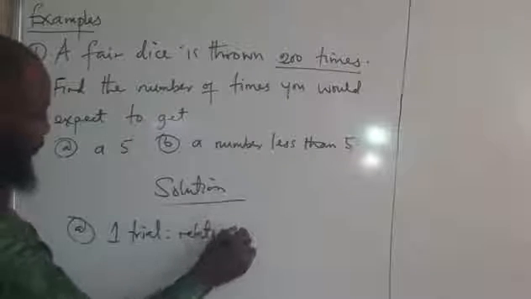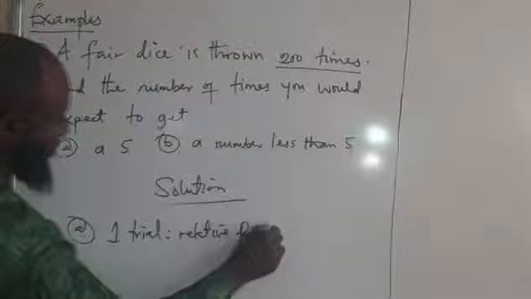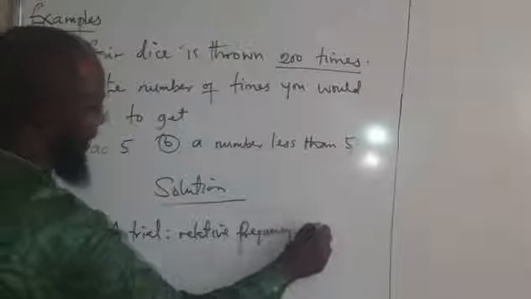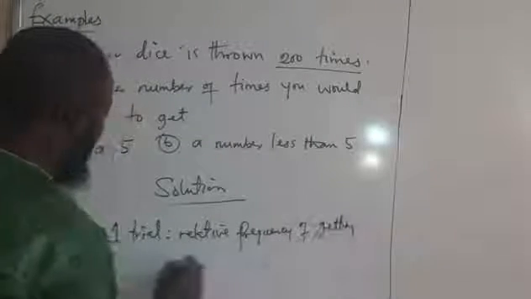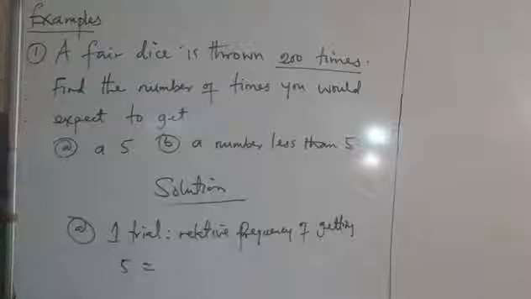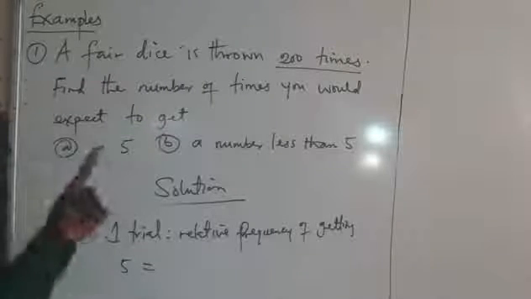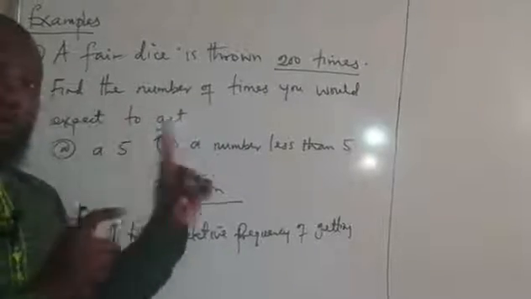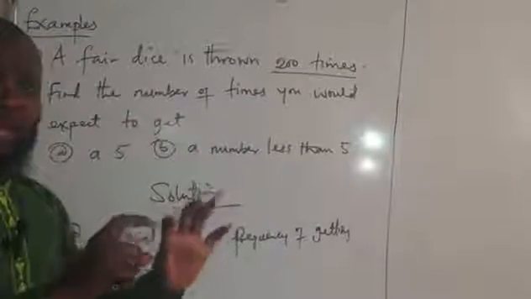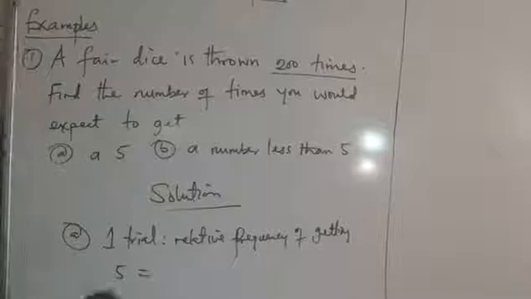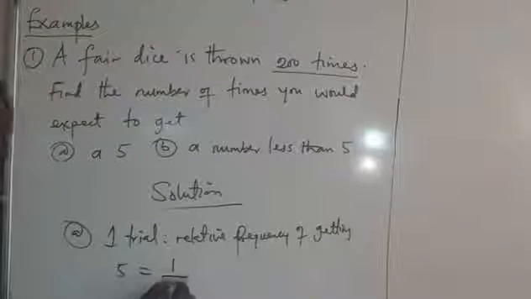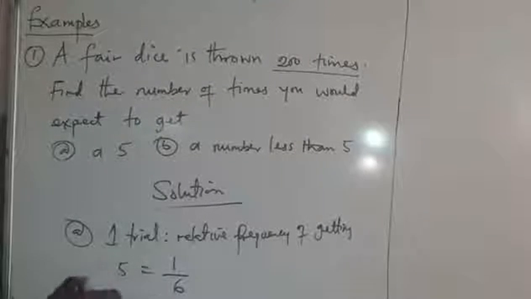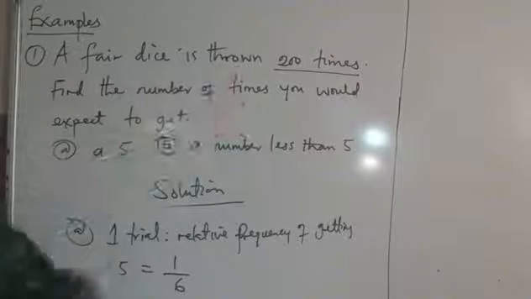The relative frequency of getting 5 is this: 5 can only appear once on a dice because it has one 5, and we have 6 faces. So that would be 1 divided by 6. That's the relative frequency of getting 5.